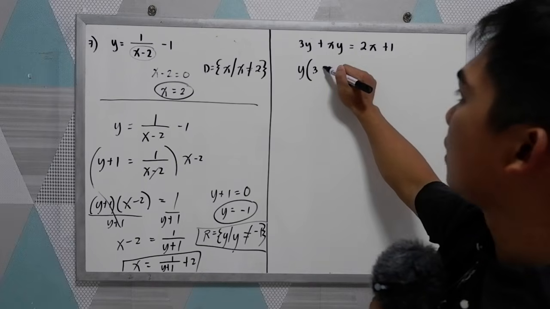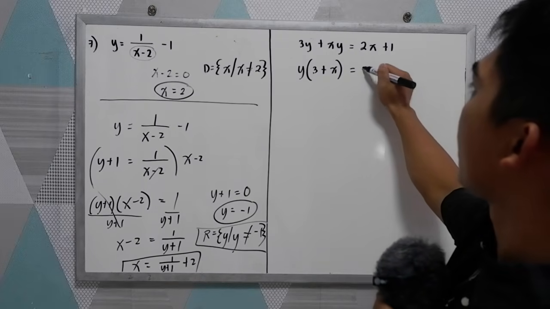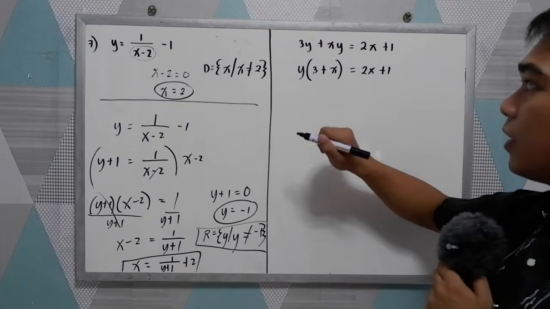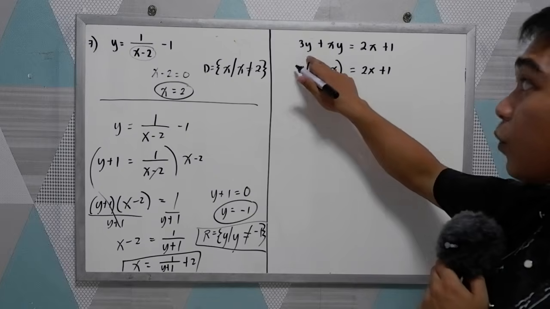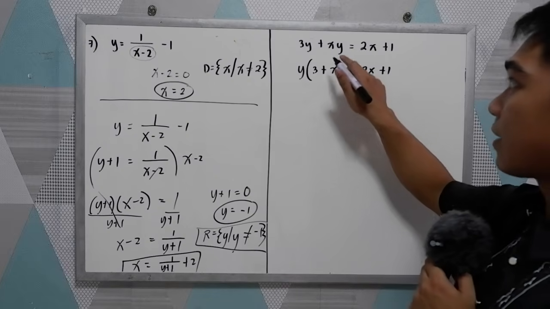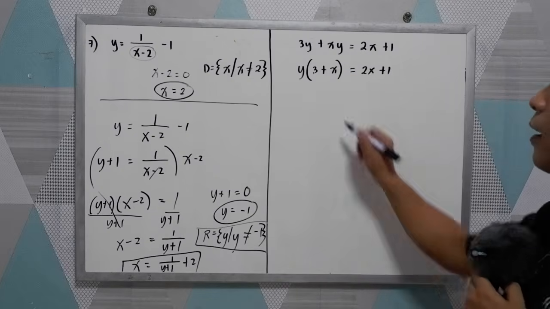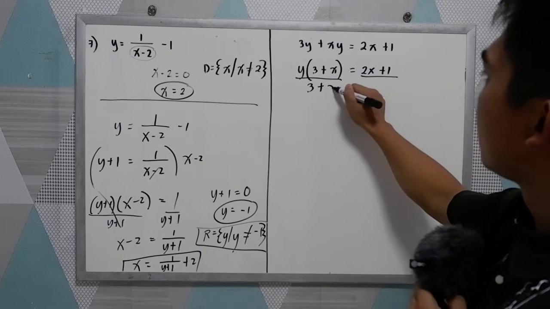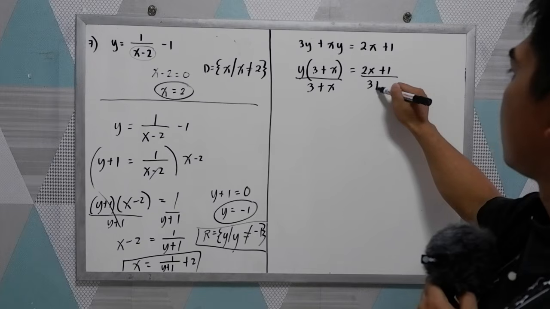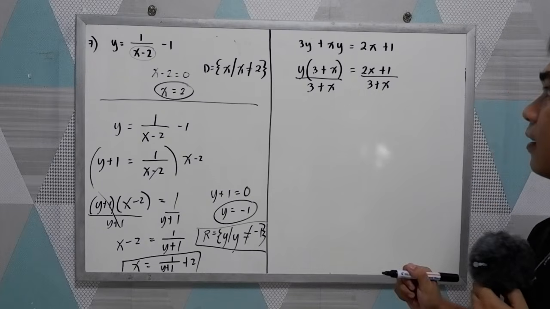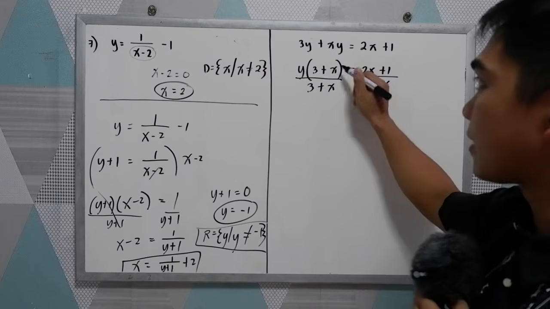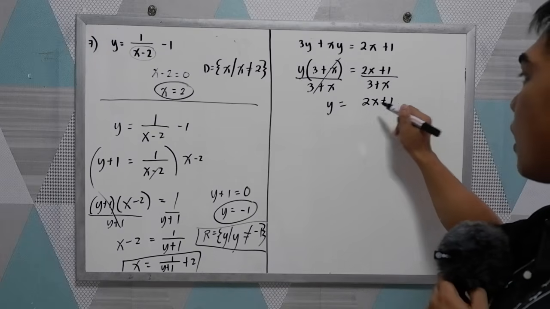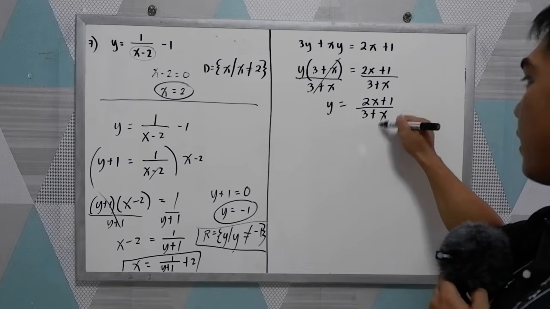So, we have y times 3 plus x is equal to 2x plus 1. To check, y times 3 is 3y, then y times x is xy. We want y to be isolated, so divide by 3 plus x. So y is equal to 2x plus 1 all over 3 plus x.